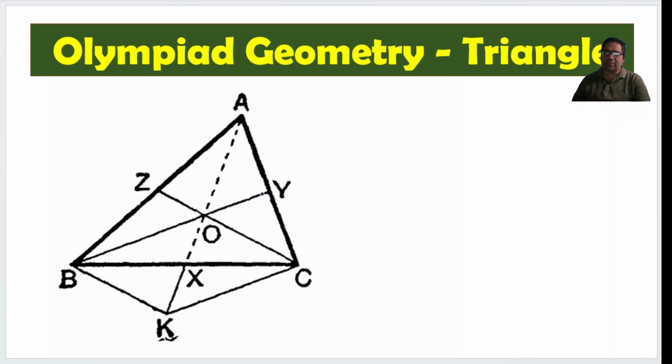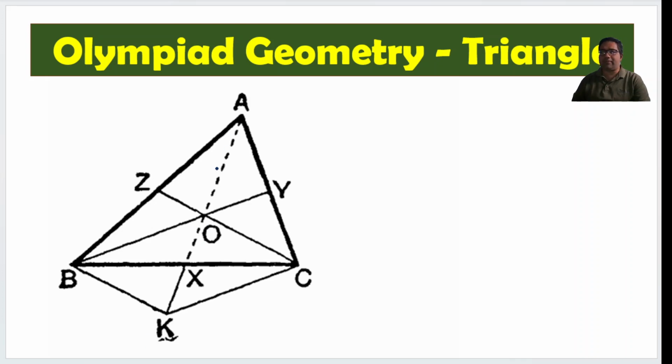Now OY is parallel to KC, and Y is the midpoint of AC. What does that mean? In triangle AKC, OY is parallel to KC, and Y is the midpoint. That means O should be the midpoint of AK also.